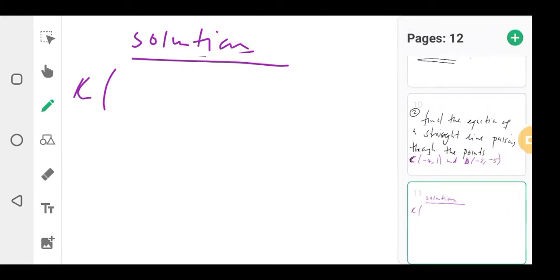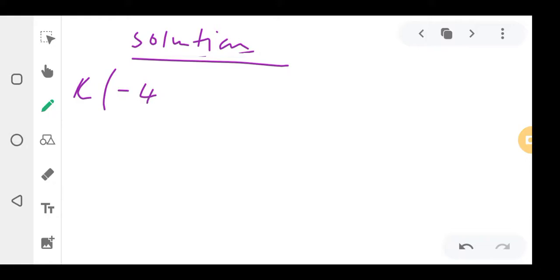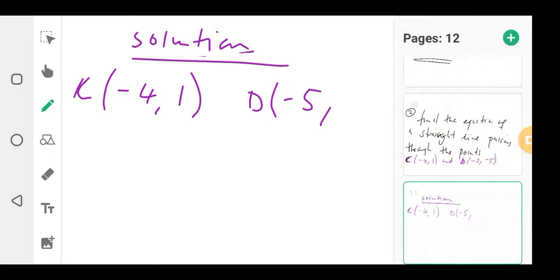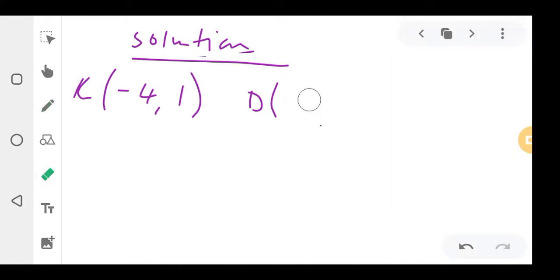Point C is negative 4, 1. Point D is negative 2, negative 5. Okay, I made a mistake. Point D is negative 2, negative 5.